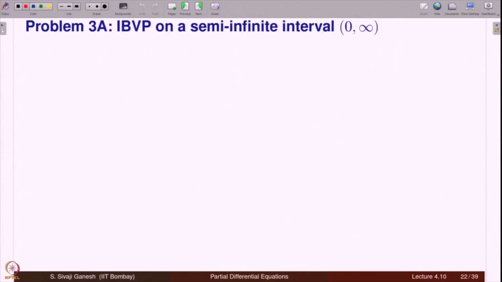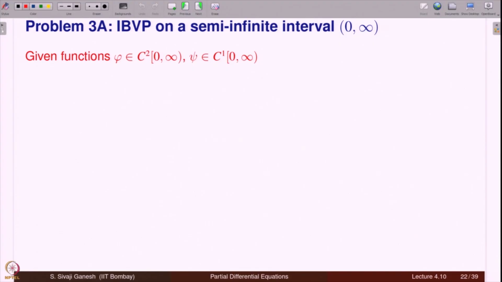Now, let us look at the third problem, 3a, because the same problem has 2-3 parts. As a first part, we are going to consider an IBVP on a semi infinite interval. In lecture 4.9 we said this is much simpler than a bounded interval. We will see why.